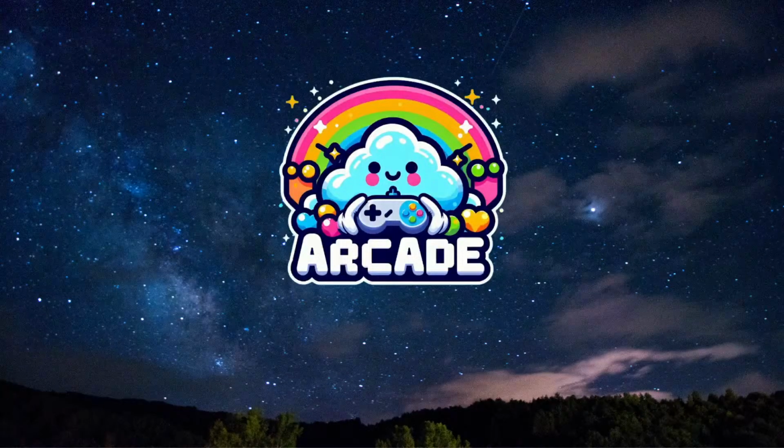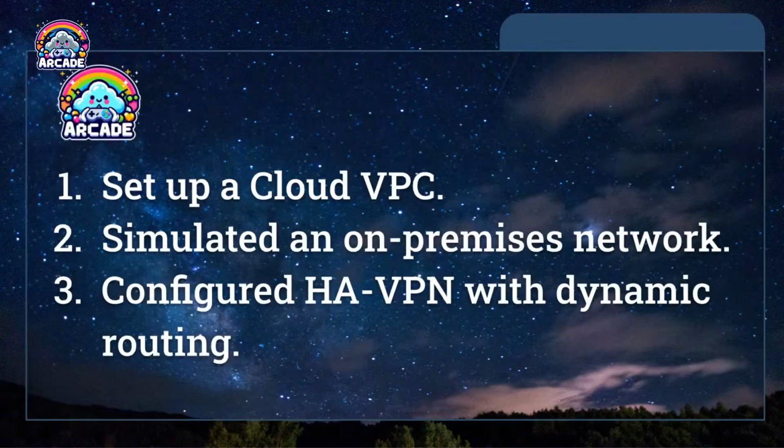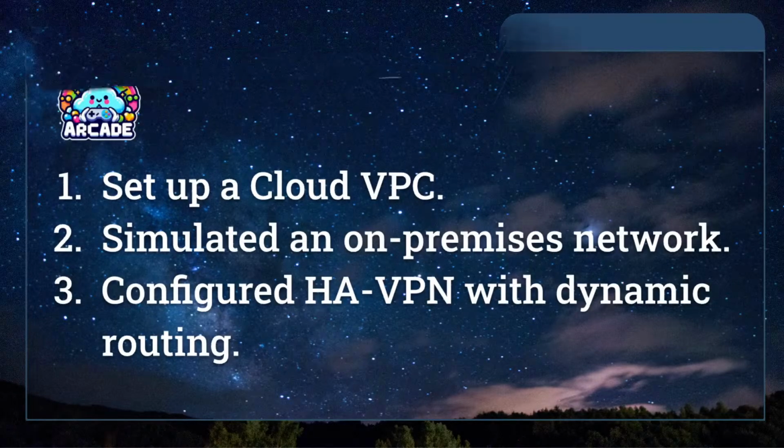Remember, the key to robust cloud infrastructure is proper setup, thorough testing, and diligent cleanup. So, to recap, we set up a cloud VPC, we simulated an on-premises network, we configured an HA-VPN with dynamic routing, and cleaned up our cloud resources.